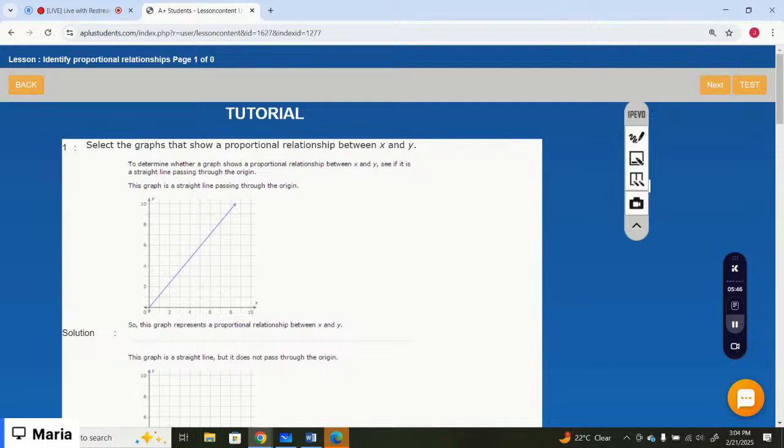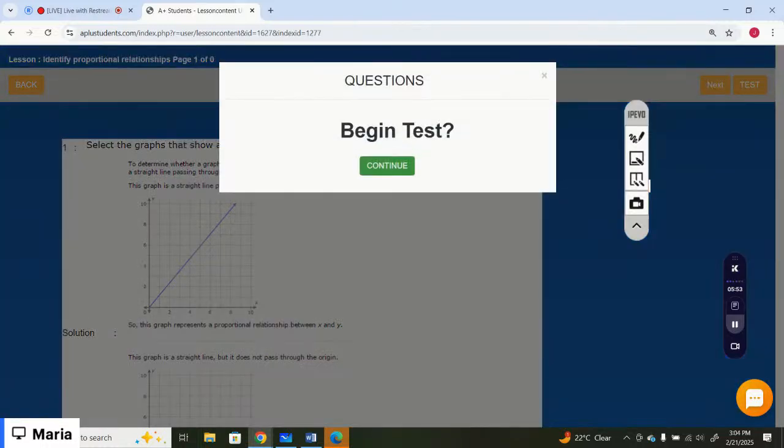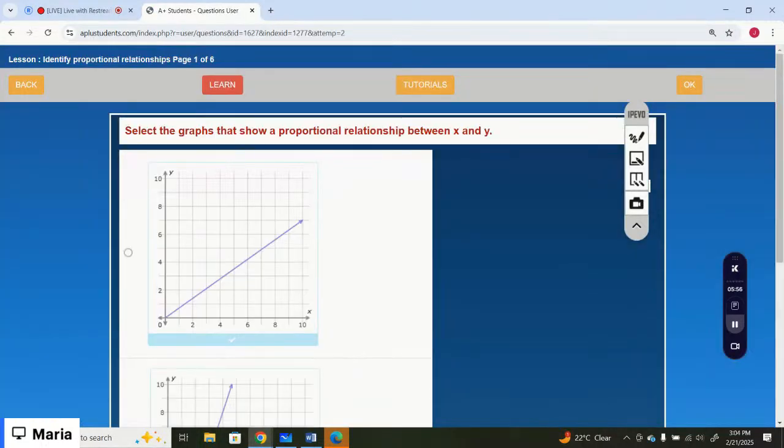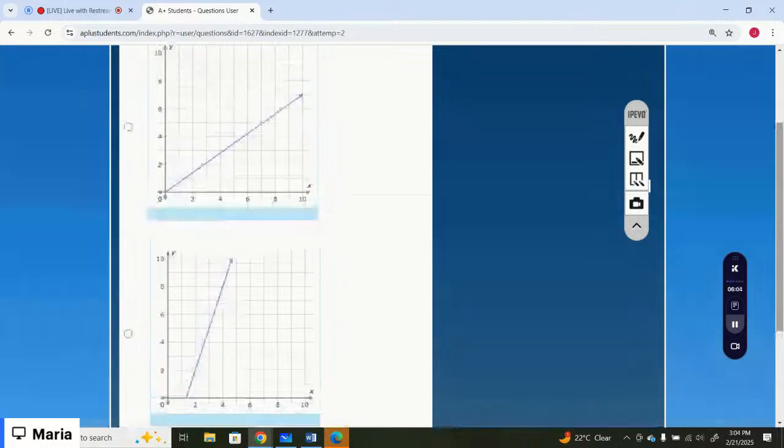Let's just start with the test questions. That means the graph of the proportional relationship is a straight line passing through the origin. Select the graph that shows the proportional relationship between x and y. So you are given two of the graphs.